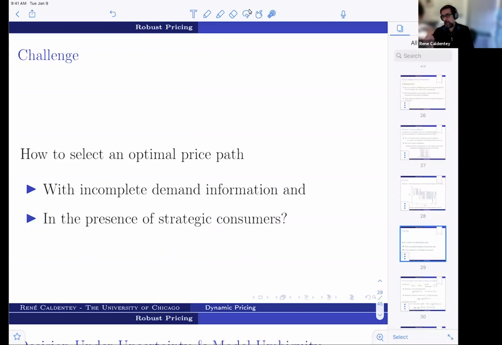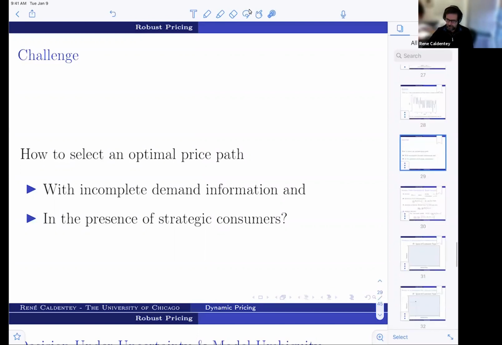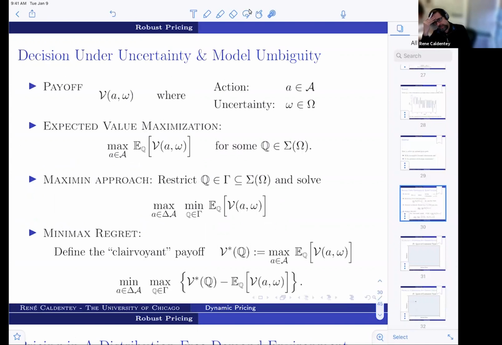But also people are strategic and they can potentially anticipate the fact that we're going to be discounting the price over time, and therefore they might be willing to wait for that. Okay, so in order to do this, we need to have the right framework. What's the proper way to think about answering this question, right? I need some framework, not really the notation, it's more about the framework that I need to build here with you.